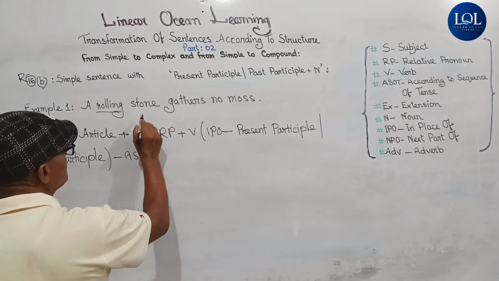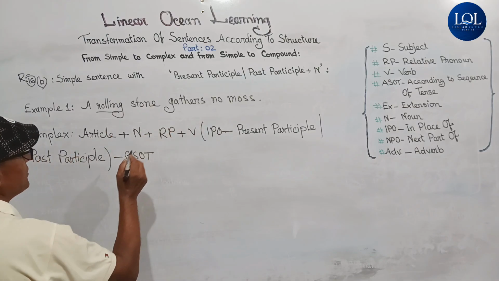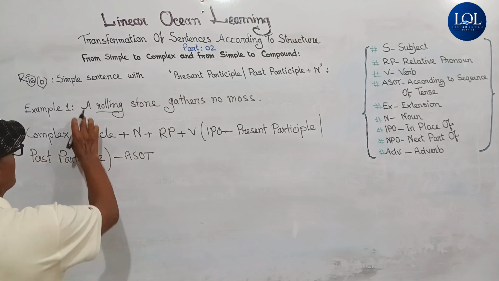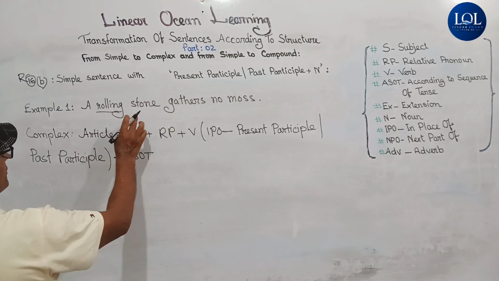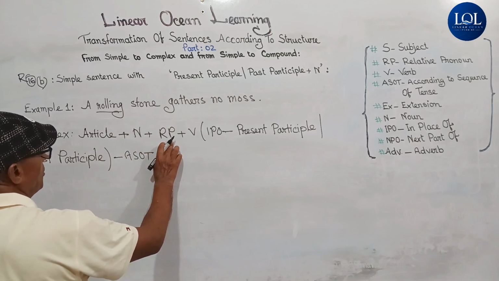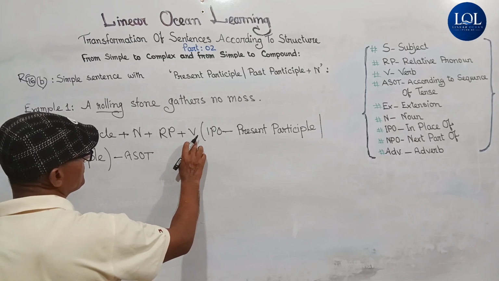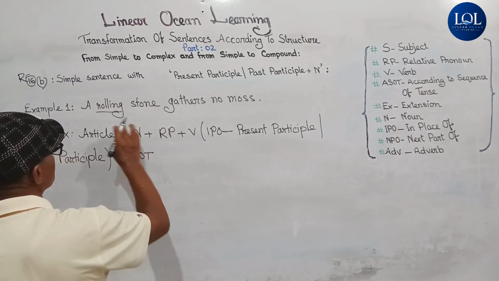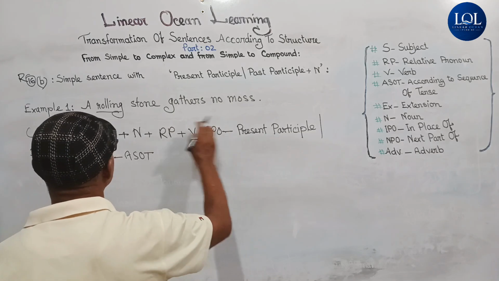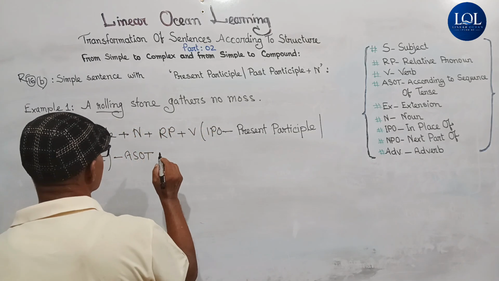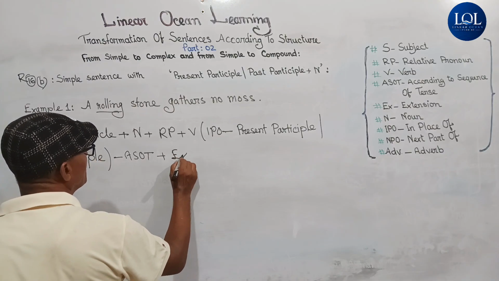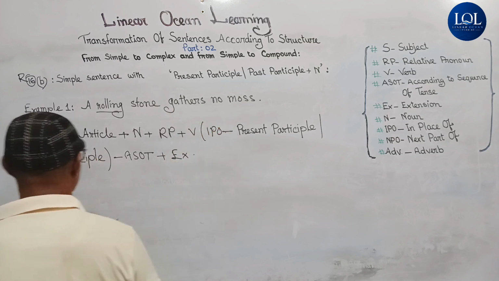A rolling stone gathers no moss is in the present indefinite tense. So it will be article A, then noun stone, then relative pronoun which or that, plus verb. The verb will be rolls because it is in present indefinite tense, in place of present participle rolling, plus extension, other words of the sentence, gathers no moss.